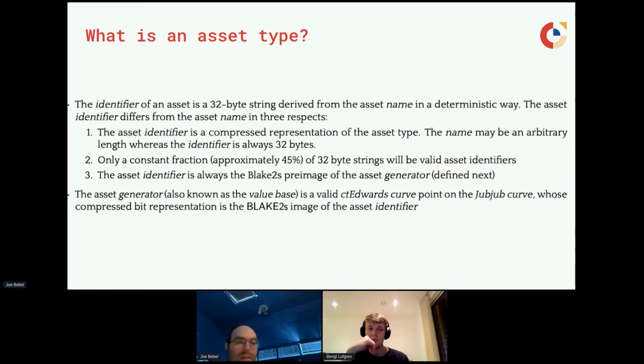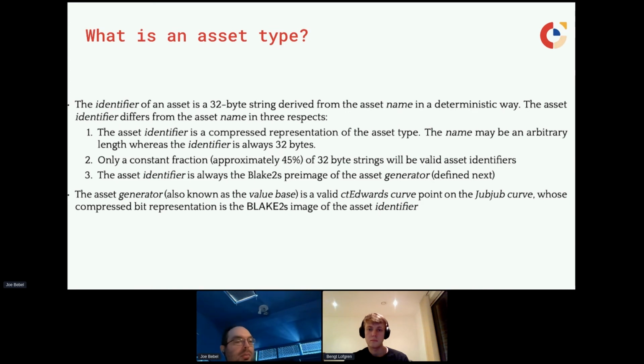And this is why the asset identifier is 32 bytes, because that way you can take the Blake 2s hash in the circuit and you only need to do one block of the Blake 2s hash. And you don't have to do many Blake 2s blocks in the circuit, which would be very expensive.